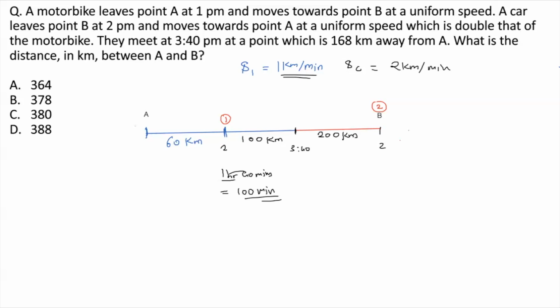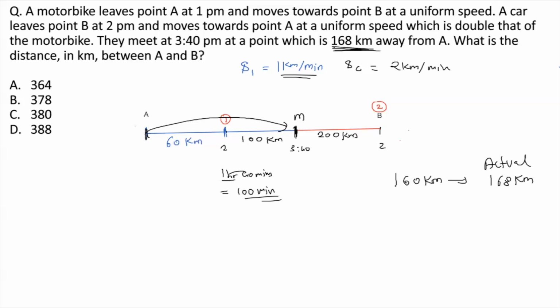Now the question tells us the meeting point is 168 kilometers from point A. So the meeting point, this point, I'm calling it M, is 168 kilometers away from A. For us, this distance is 60 and 100, 160 kilometers, which actually is 168, right?